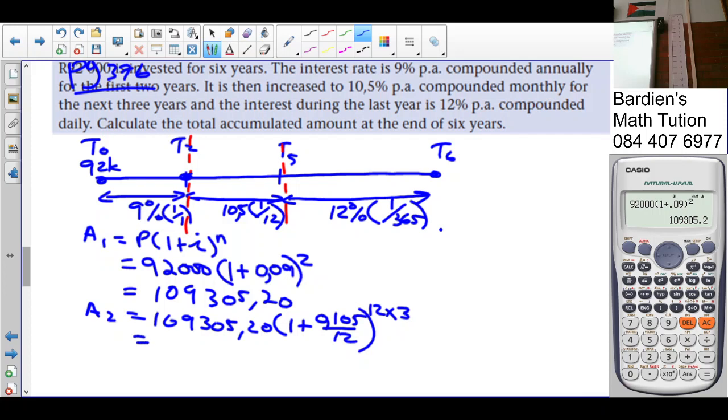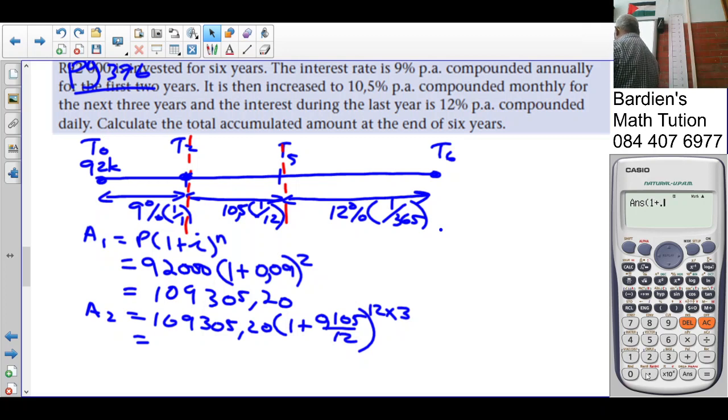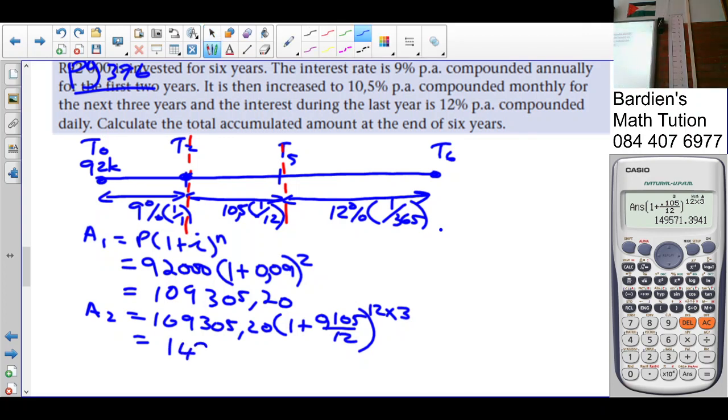There's going to be answer into 1 plus 0.105 over 12 to the exponent 12 times 3. That is 149,571.39, which makes the amount at that point there, T5.